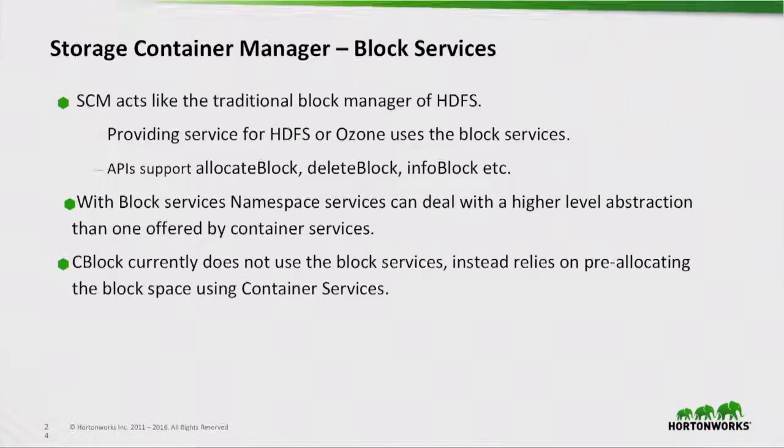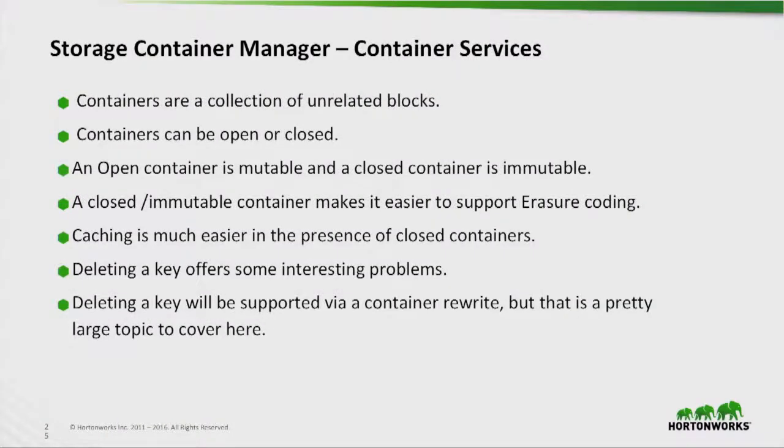Because of that, we also have another layer called the container services, where you can treat your namespace as these huge chunks of data. You can say, I want 5 gig chunks. Let me manage it directly. We are hoping that other services will be written on top of it, just like CBlock, which can take care of the namespace explosion by keeping it internally and managing it.